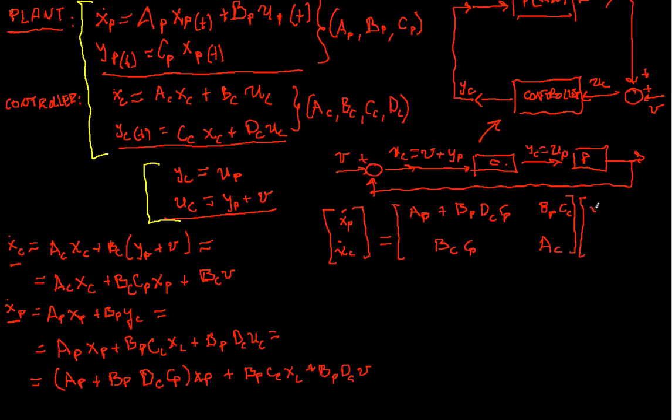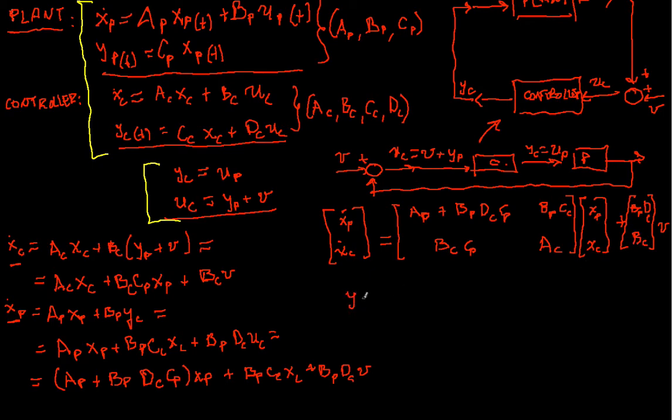Here is just XP, XC, and there is this external input that drives both states, BP DC multiply V, and here we have a BC.